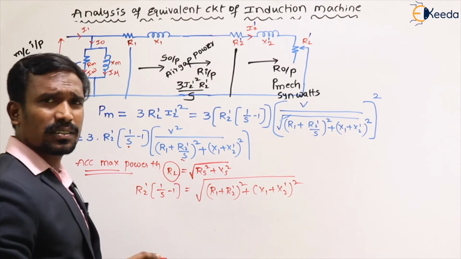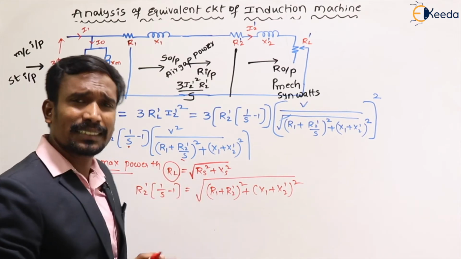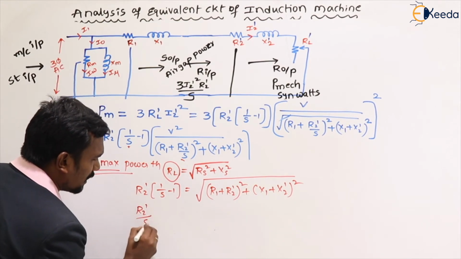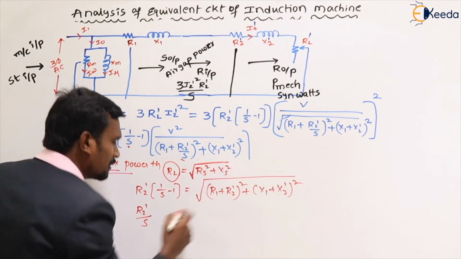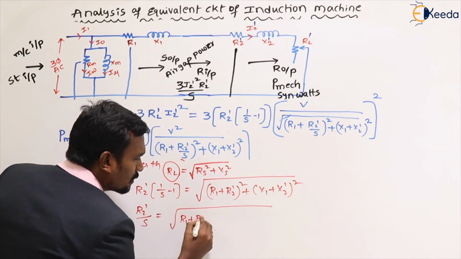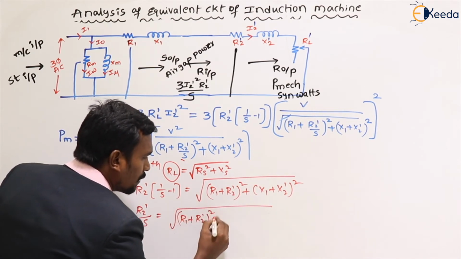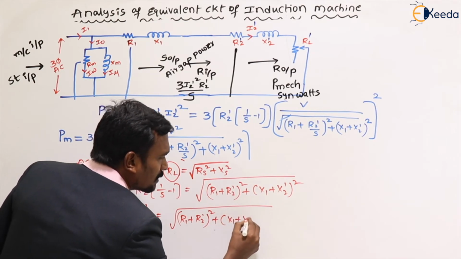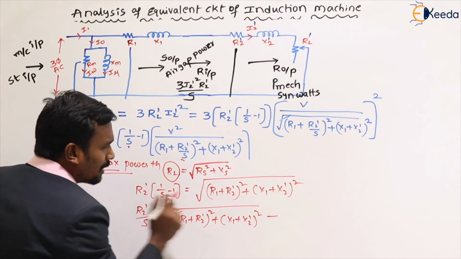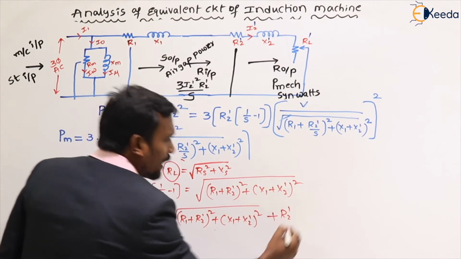Simple: R2 dash by S minus R2 dash, bring that to the other side, so the square root of (R1 plus R2 dash) whole square plus (X1 plus X2 dash) whole square, and here minus R2 dash but there plus R2 dash.